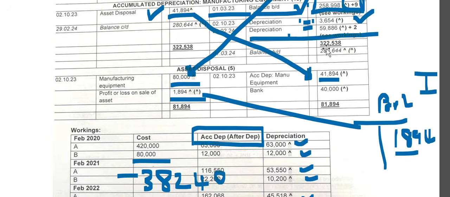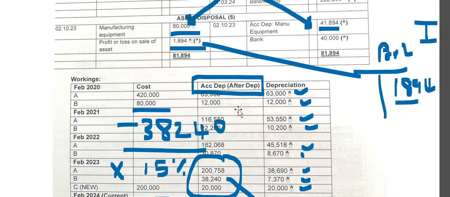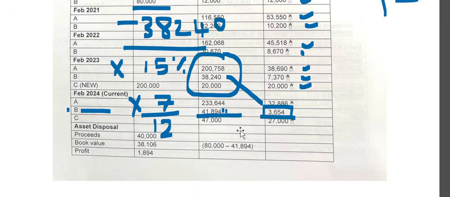And that amount is 59886. And how did we get that amount? I will show you.